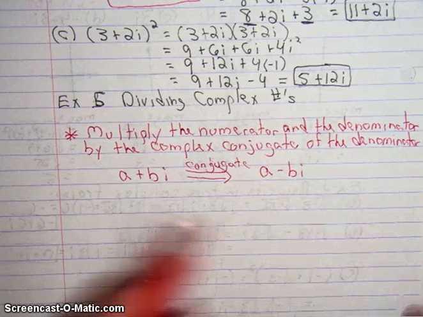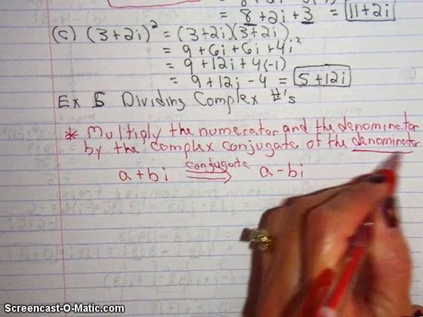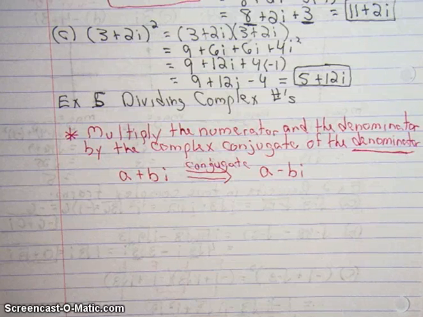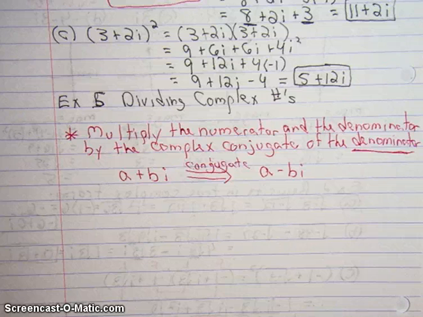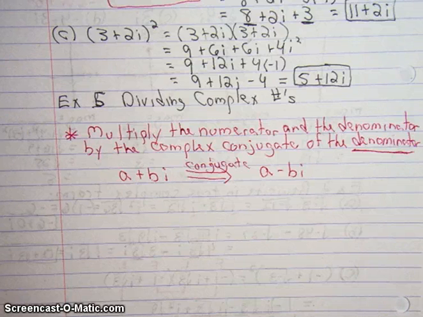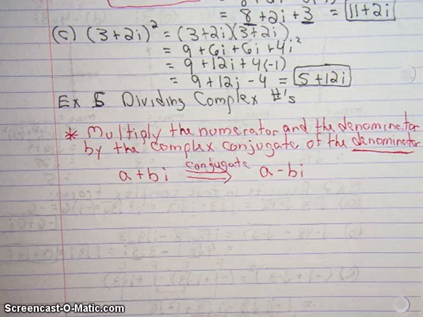You're only looking at the denominator. Complex conjugate of the denominator. This is kind of like when we used to rationalize the denominator, okay? We're trying to get rid of the complex number on the bottom of the fraction. So that's the whole point of the process, is to get rid of the complex number on the bottom.